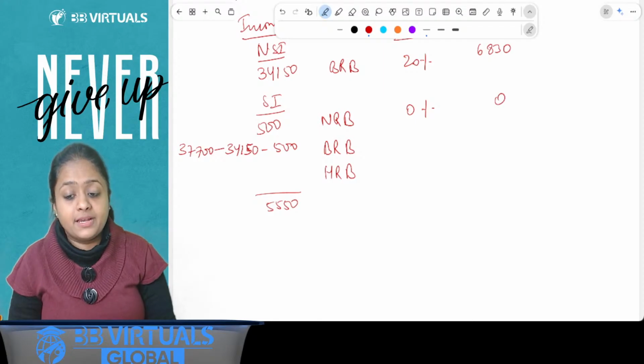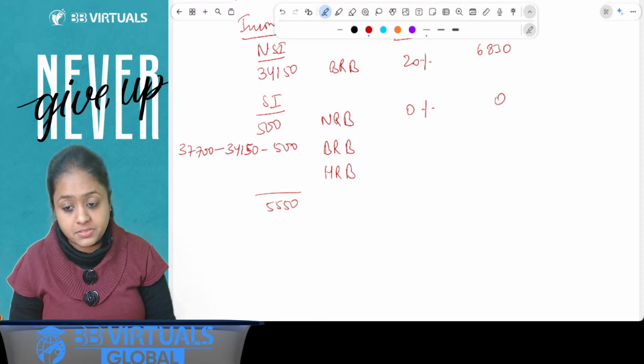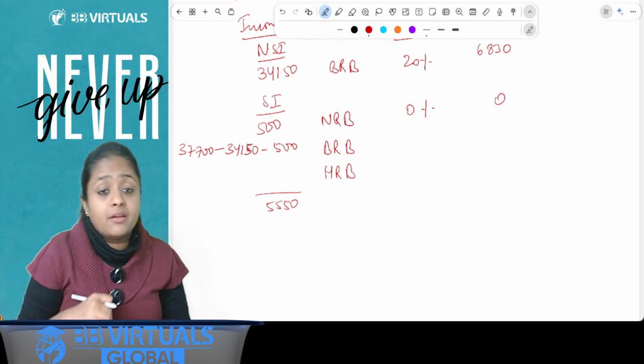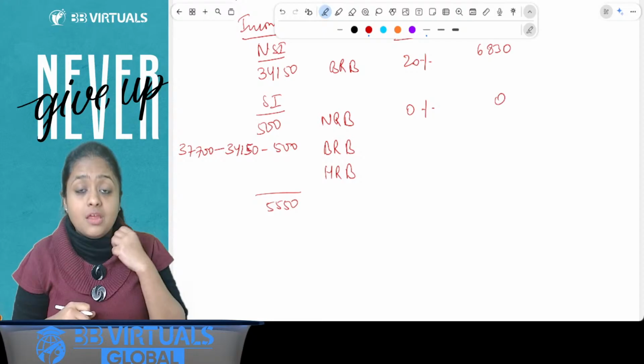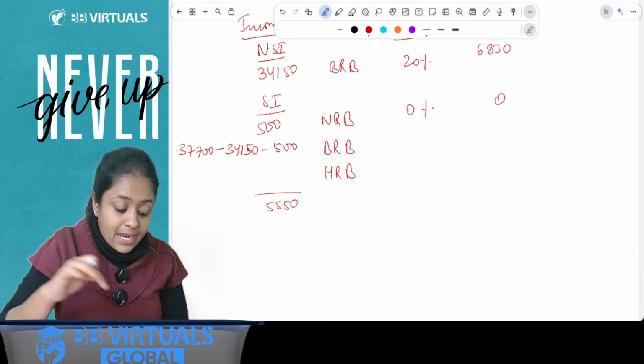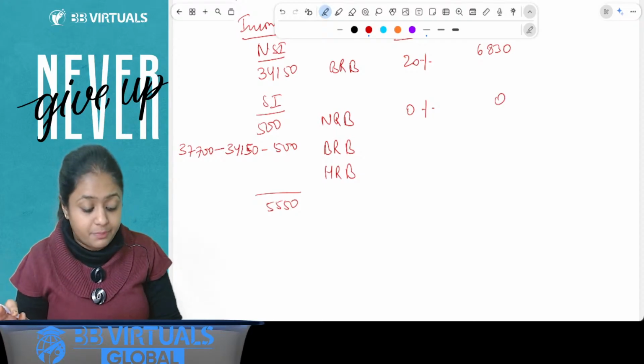Okay, nil rate bands will always use up the rate bands. That typically means that your total rate band is 37,700. From there I will reduce 34,150, but I don't have 3,550 available.